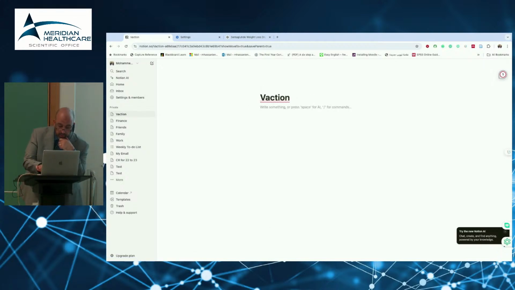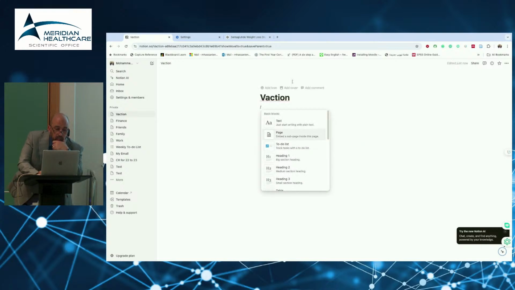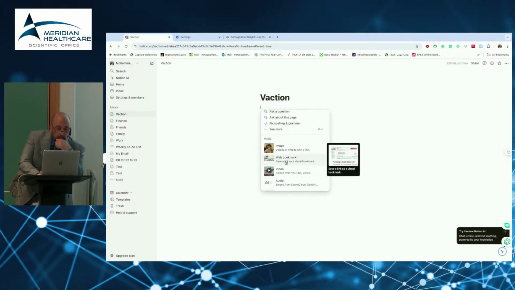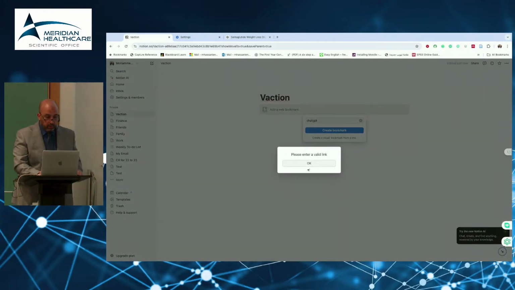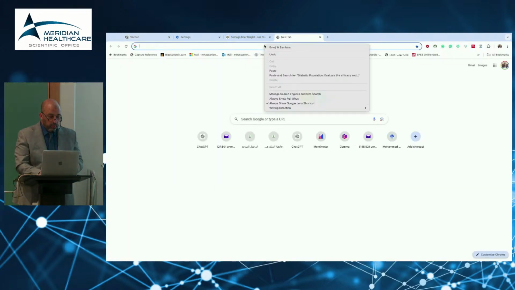one of the nice things here is you can even import a website, a web bookmark. So you can add here ChatGPT, create a bookmark. Okay, let us take it from its origin.